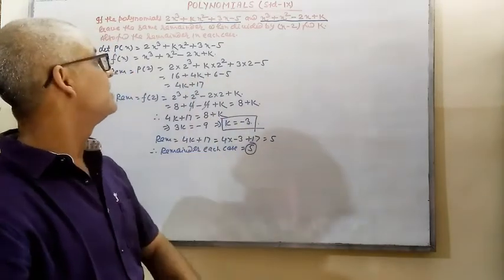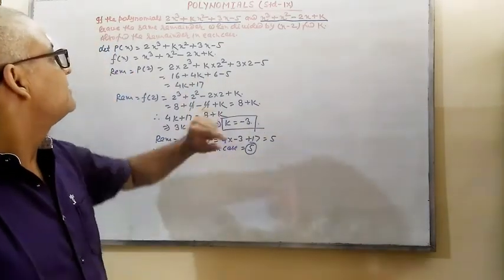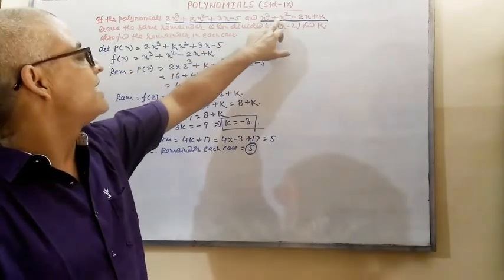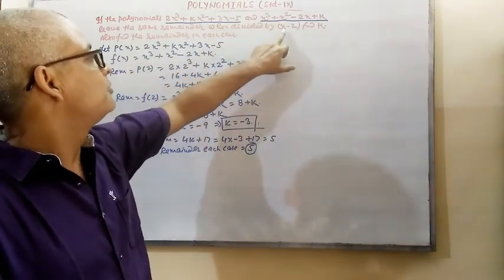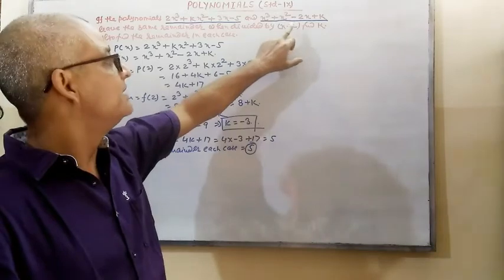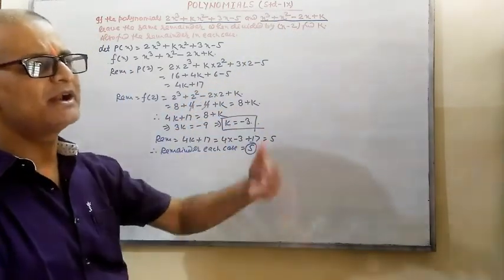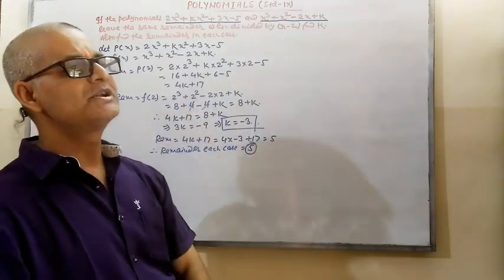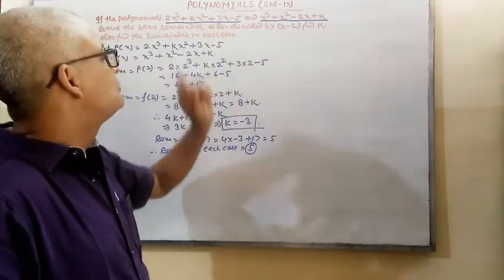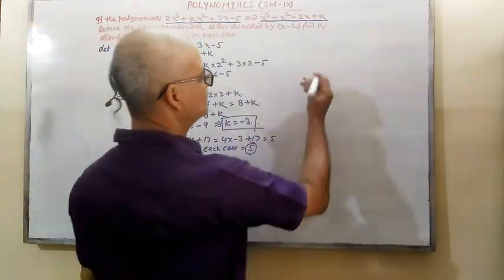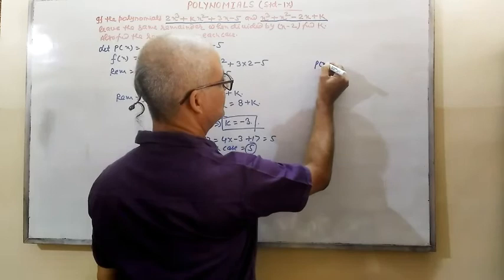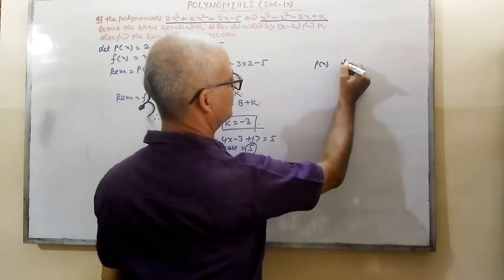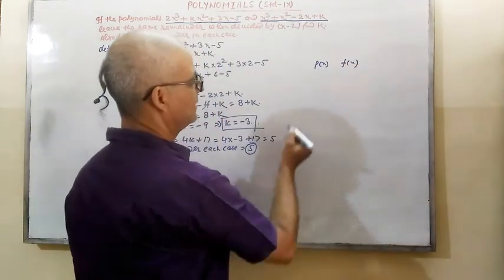Some more things I want to explain here. Sometimes two polynomials are given, and for both polynomials the remainder is the same. Then find the value of k. Similarly, another question is also there. Suppose two polynomials are given, p(x) is one of the polynomials, f(x) is the other polynomial.